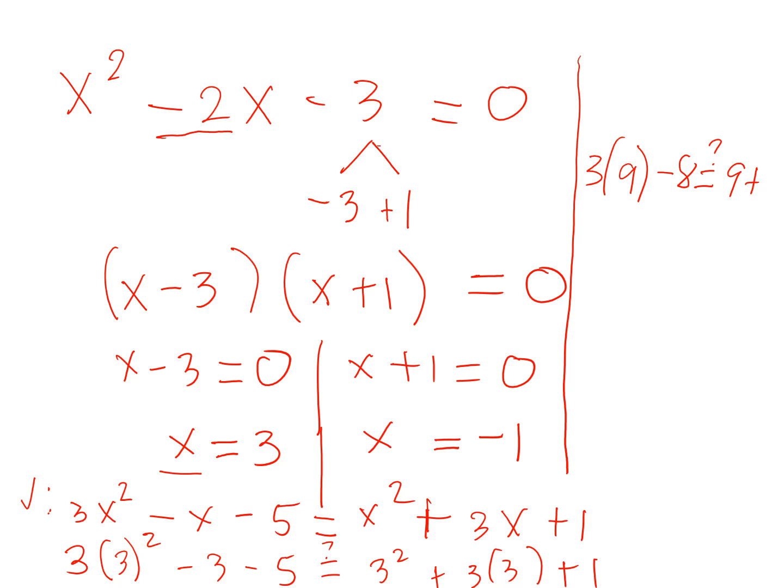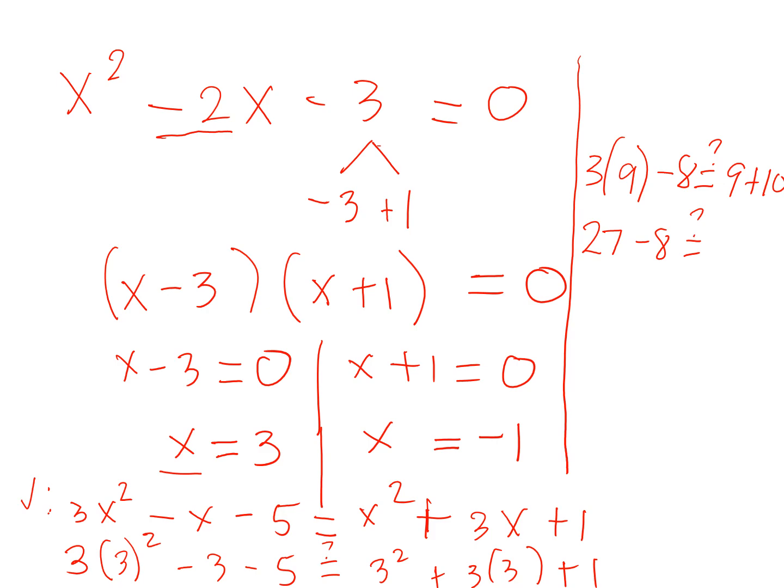Again, 3 times 3, that is equal to 9. Then plus 1, that is 10. Okay. So, 3 times 9, that is 27, minus 8.